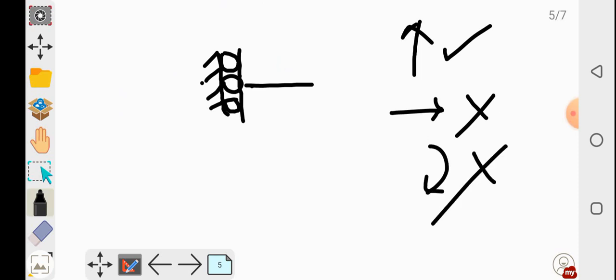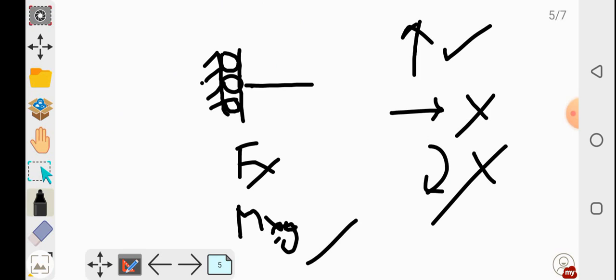So in case of guided roller, we have two support reactions, that are the Fx and then Mx. These are the guided supports. So that was the reaction.